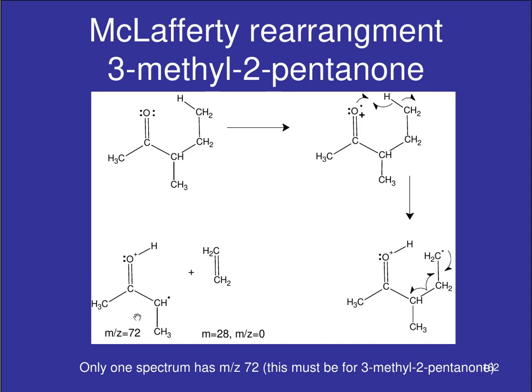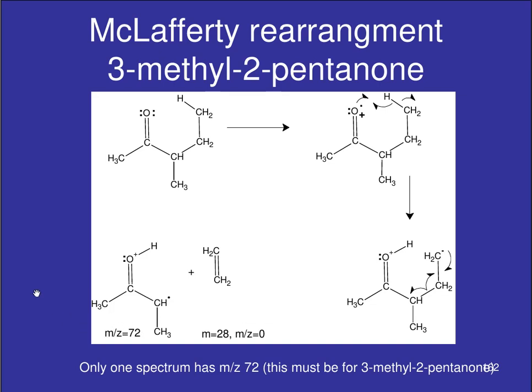If you calculate for this, it's got a charge of 1, so it will appear on the mass spectrum. We've got 4 carbons, 1 oxygen, and 8 hydrogens. When you add those all up together, it's m/z of 72.